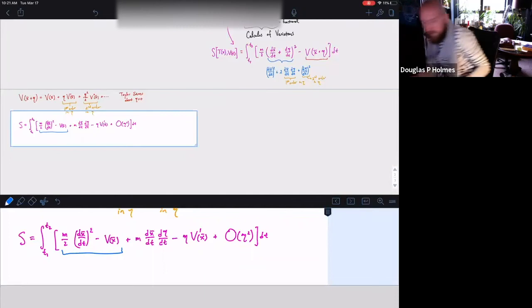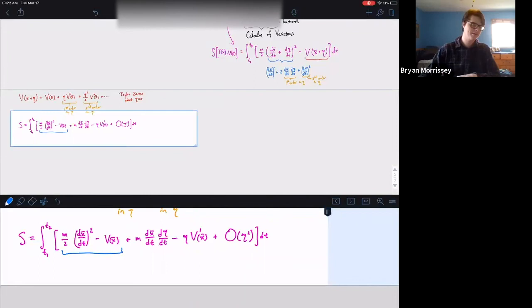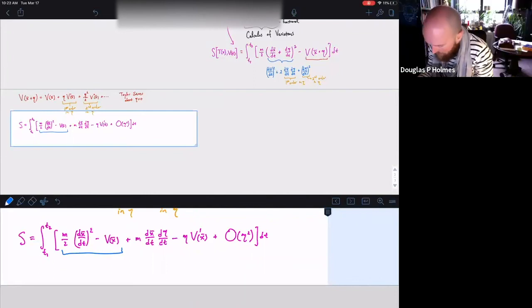What's that term I put a blue bar under? It's the action for the real path. Exactly. This is S bar, the real action.